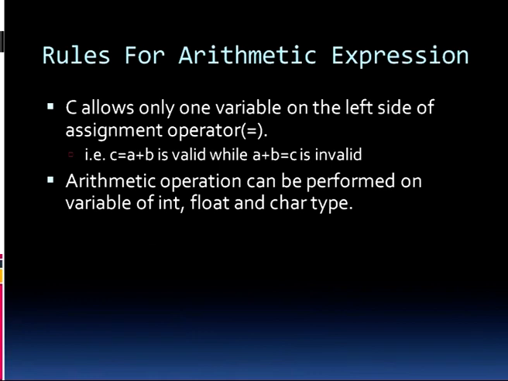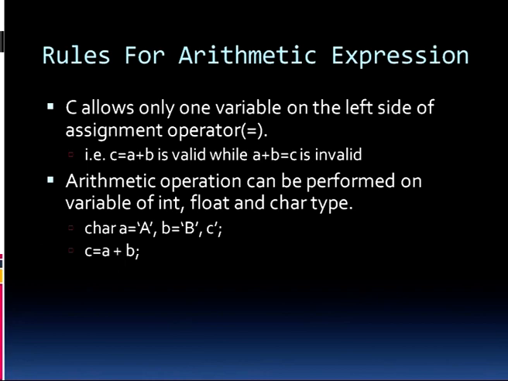For example, we declare a variable a of type character. We initialize it to the character constant capital A, and another variable b we initialize to the character constant capital B, and there is another variable c of type character. Then we use the statement c equals a plus b.